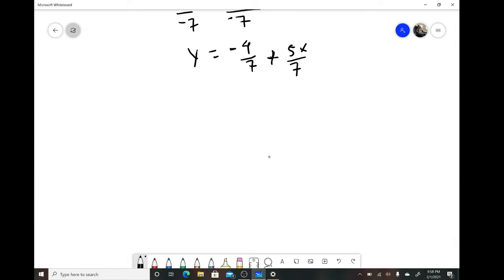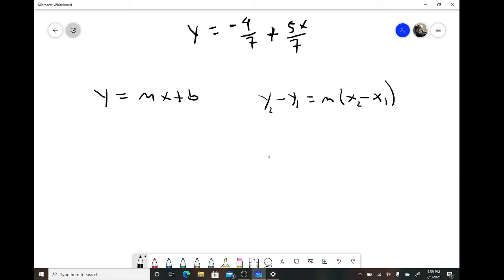We have two ways of doing this. We could use the slope-intercept form, which is y equals mx plus b. Or we could use the point-slope formula, which is y minus y1 equals m times x minus x1. You sometimes see it as y2 minus y1 equals m times x2 minus x1. Especially when you have more than one point, it's very useful.